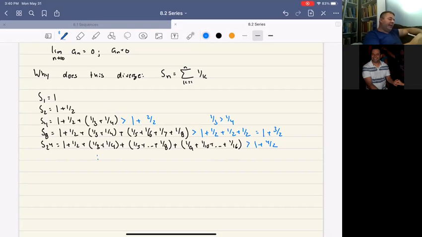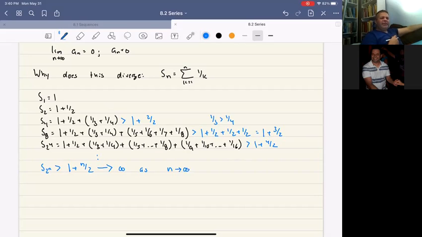So what do we get? We get that S sub 2 to the n should be bigger than 1 plus n over 2. And what's going to happen to this as n goes to infinity? Okay.